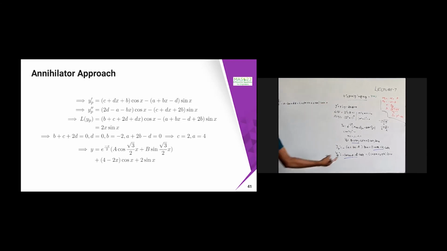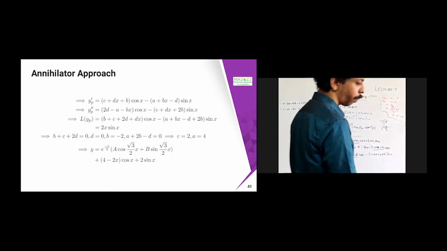Plus I have the remaining terms, which I have to sum up. That is going to become minus c minus dx minus 2b, and then I have this one, minus a minus bx plus b, and then here plus c plus dx, into sin x. So that's what I have here.